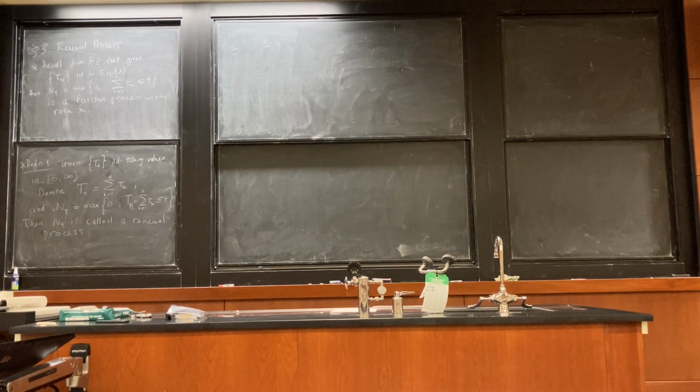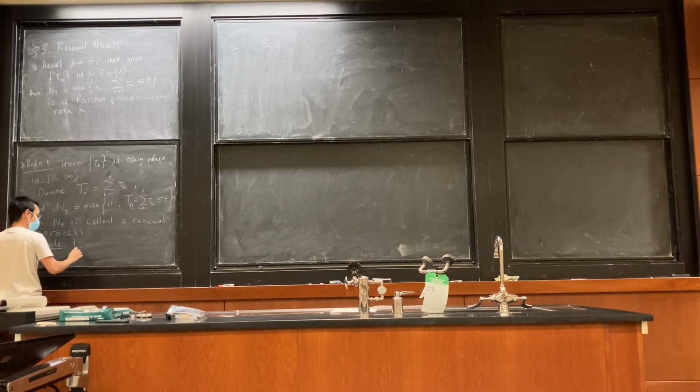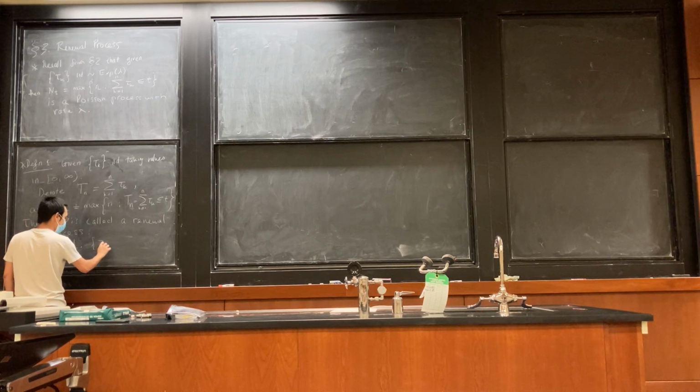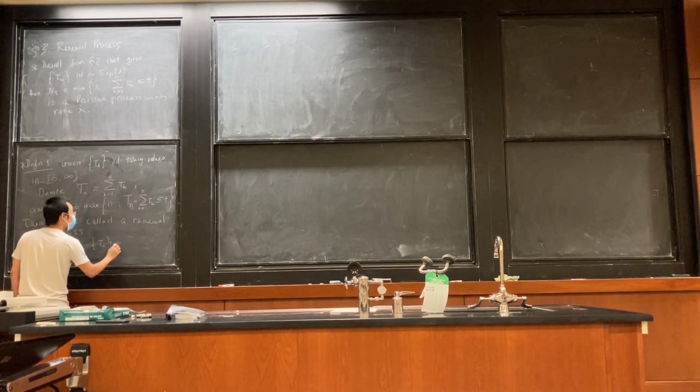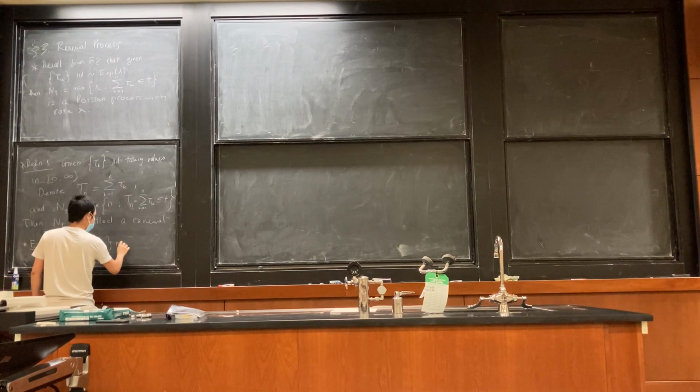To give an example, the first example in this renewal process case is the exponential, where we covered the Poisson process example. Number one, suppose tau k is IID exponential lambda.